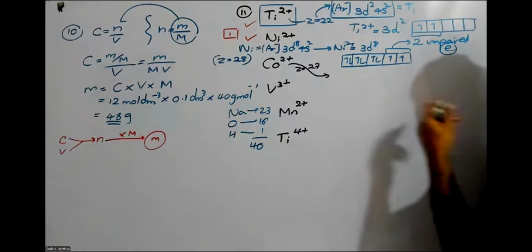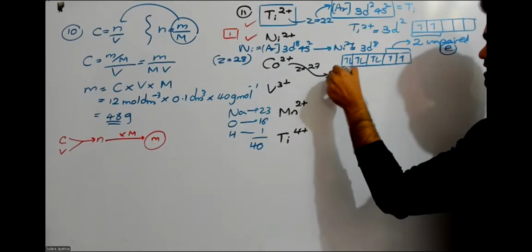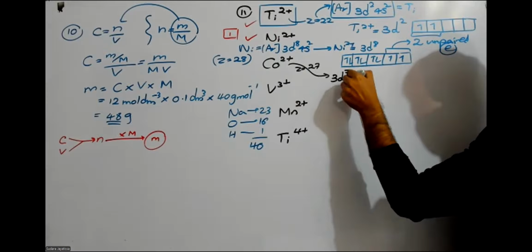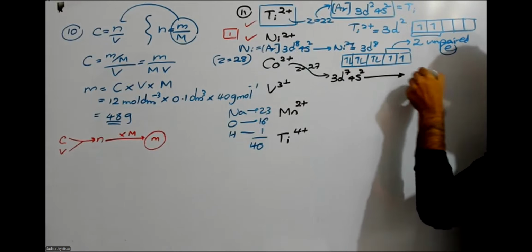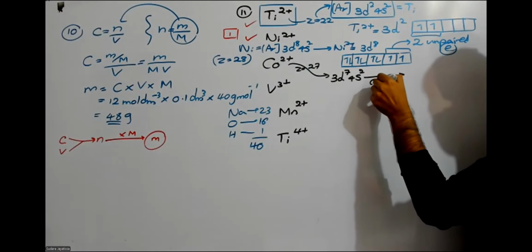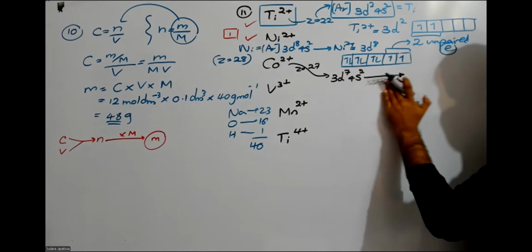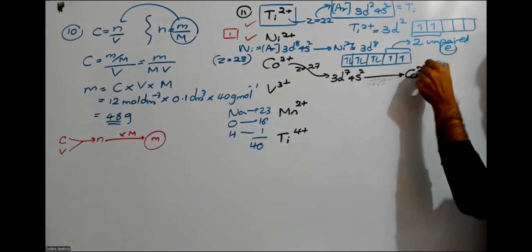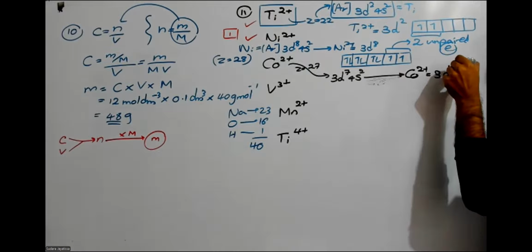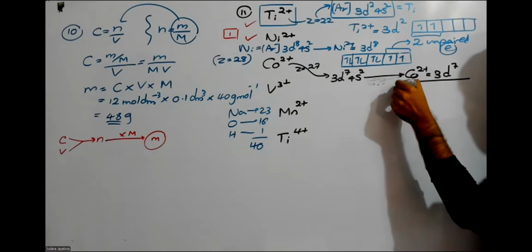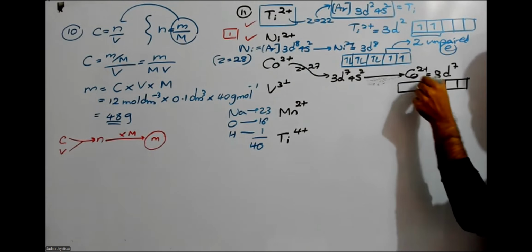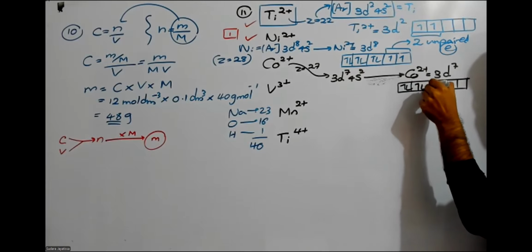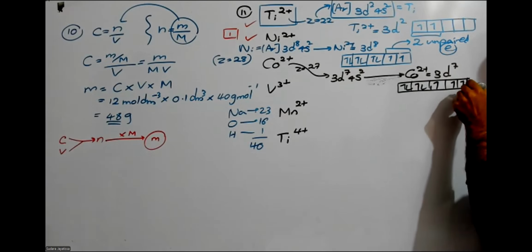Its configuration is 3d7 4s2. So cobalt 2 plus is 3d7, and there will be 3 unpaired electrons.